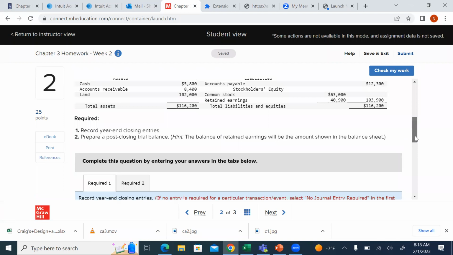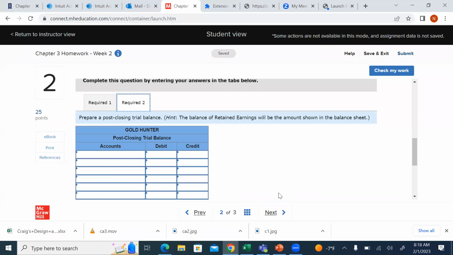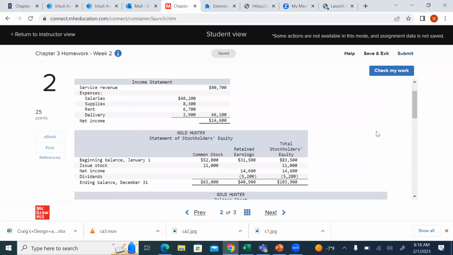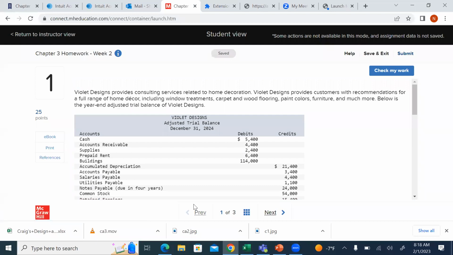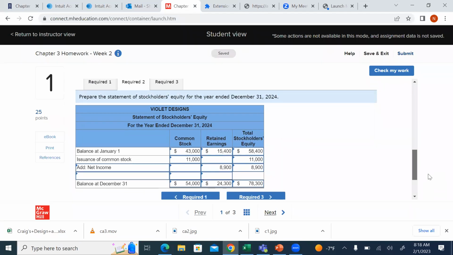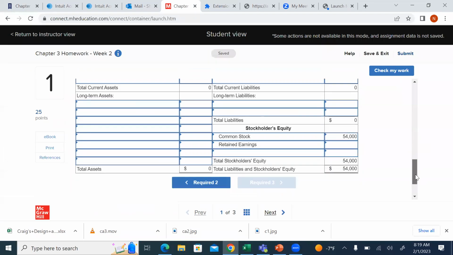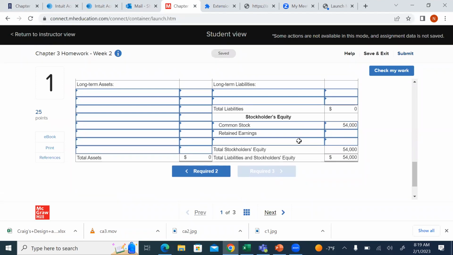We need that 24,300 from the statement of stockholders' equity to complete this section of the balance sheet.